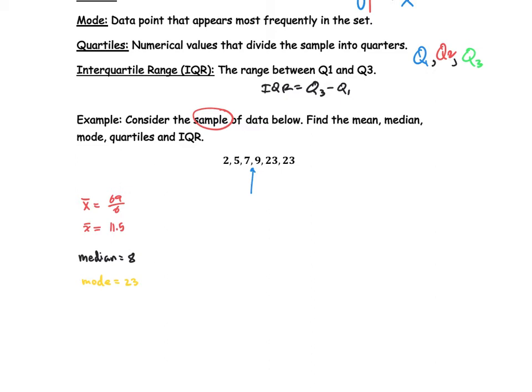Now let's take a look at adding an additional term and see what that does to our set. So let's add another 2 onto the front. Okay, so that changes a lot actually. And in this case, let's say that this is now the population. So when I add that 2 in there, I now have the population.